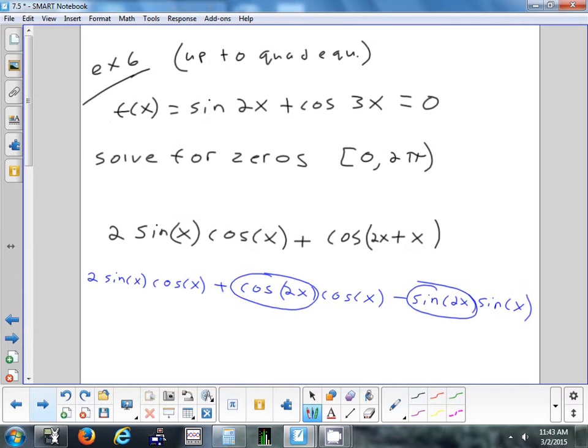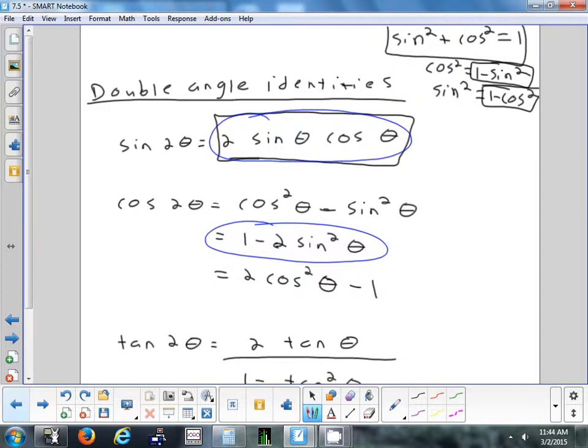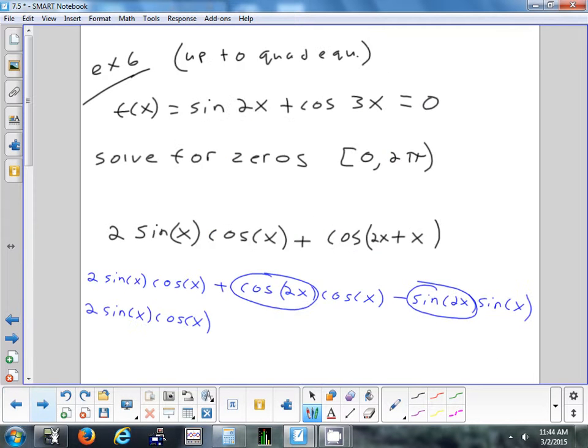All right. First part, keep it the same. 2 sine x, cosine x. Second part, change it to what I just circled. Cosine of a double angle is 1 minus 2 sine squared. So plus 1 minus 2 sine squared.